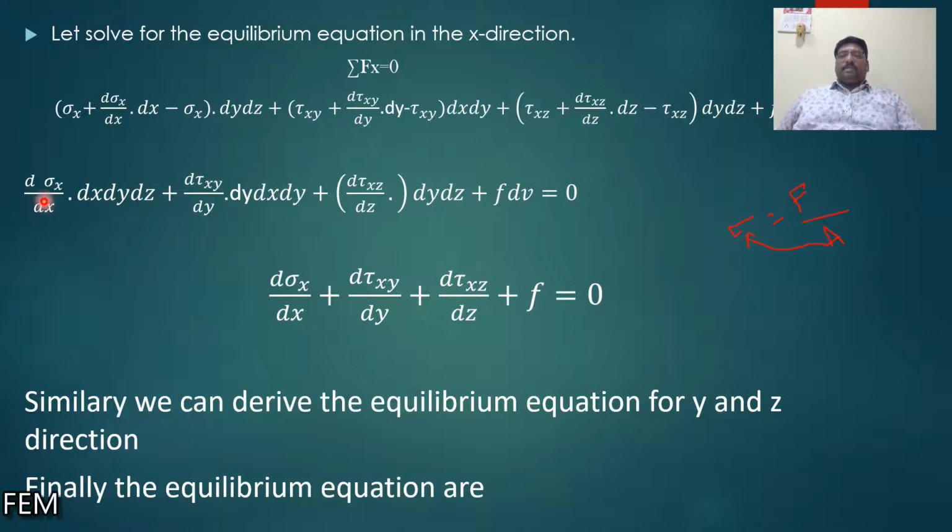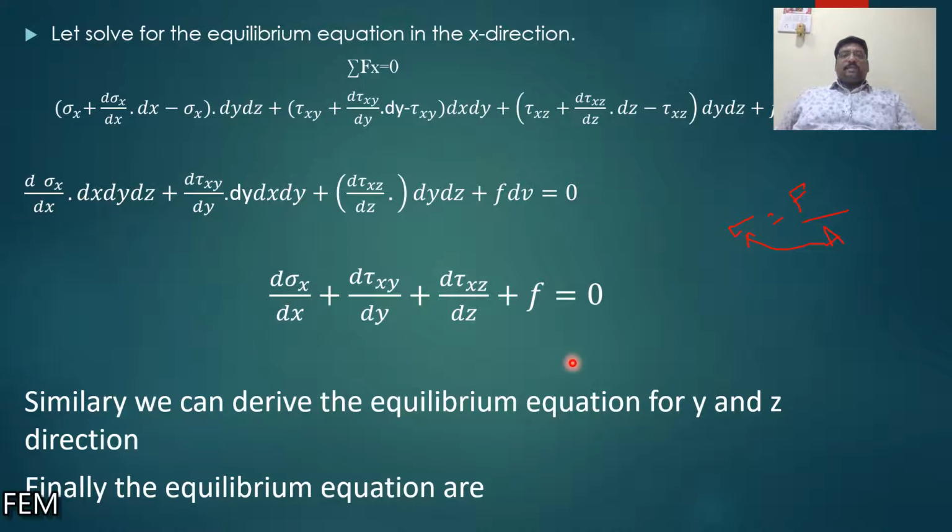The remaining equation is d sigma x by dx into dx dy dz, plus d tau xy by dy into dx dy dz, plus d tau xz by dz into dx dy dz, plus f into dv, is equal to 0. Since dx into dy into dz represents the total volume, I can finally write the equation as d sigma x by dx plus d tau xy by dy plus d tau xz by dz plus f is equal to 0.